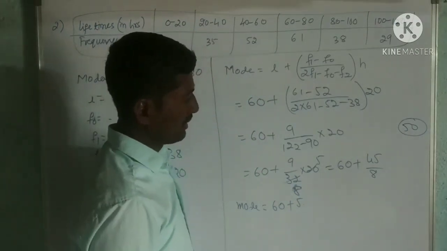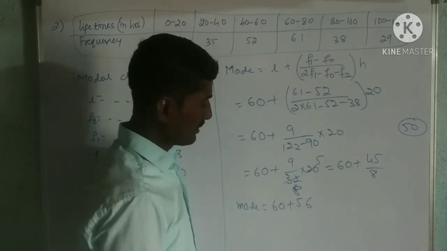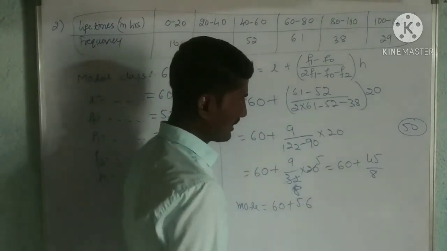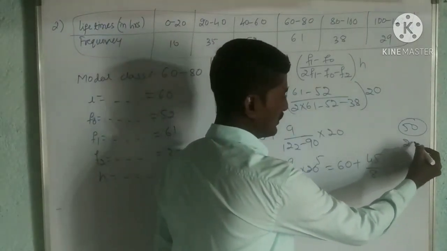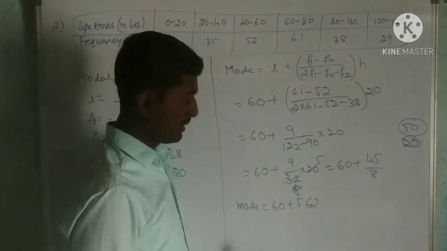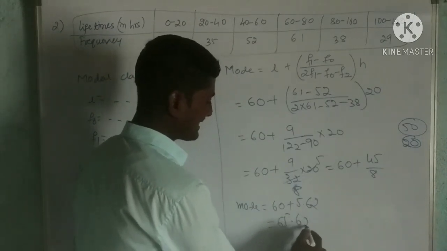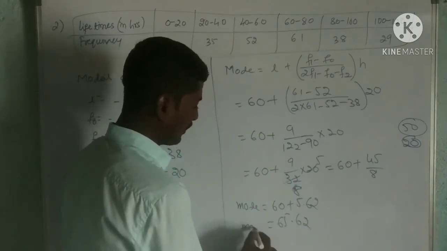Point, 8 sixes are 48, and so on. This is equal to 65.62. That is the mode.